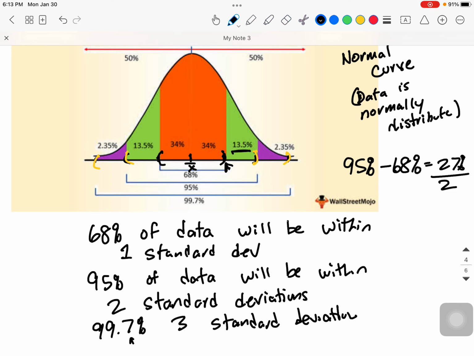And then cut that in half because it's symmetric. That's where you're going to get the 13.5. So the symmetry is helping us out a lot with this too.